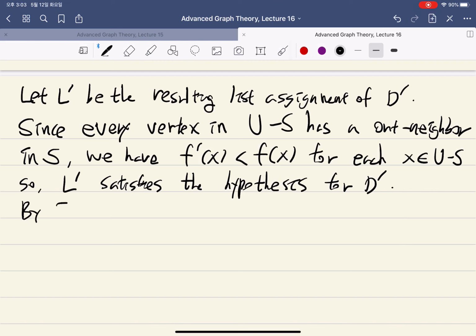So by induction hypothesis, T prime is f prime choosable.